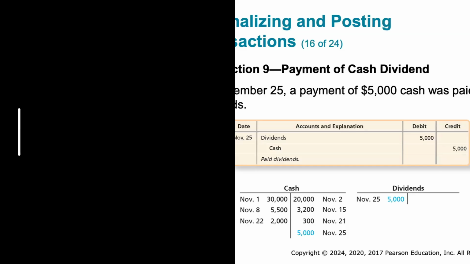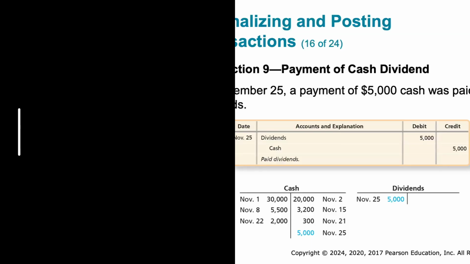If you ever get lost and say, I don't understand, I don't know what dividends are, I don't know if they go up or they go down with a debit or credit, one of the easiest ways to track it back is always try to figure out what happens to cash in this area, or what account is replacing cash, and what is happening to that account.